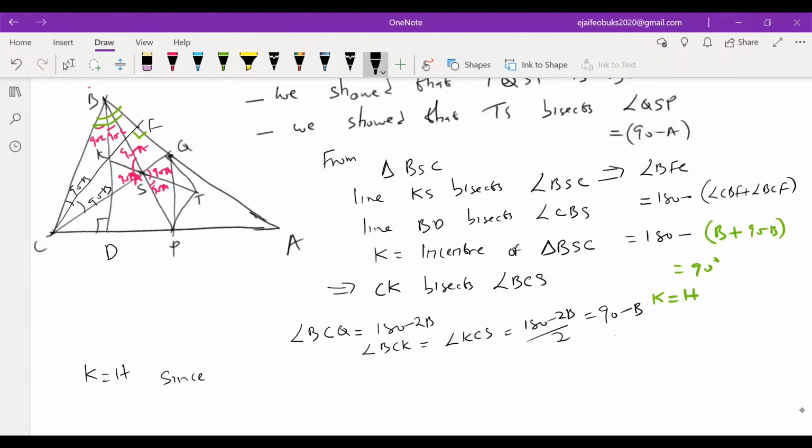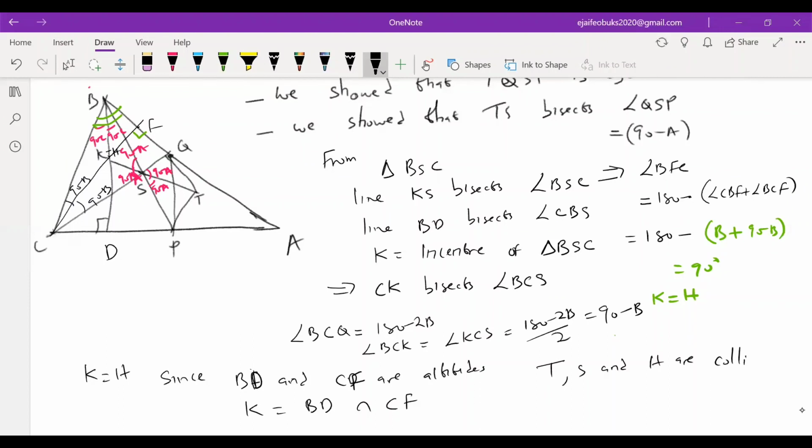Since BF and CD are altitudes, and K is the intersection of BD and CF, K is actually on the altitudes. So K is equal to H. So that means T, S, and H are actually collinear. And we are done. That's all.